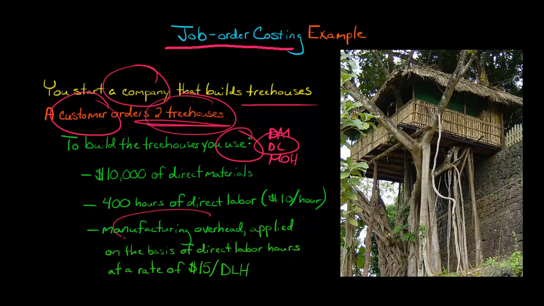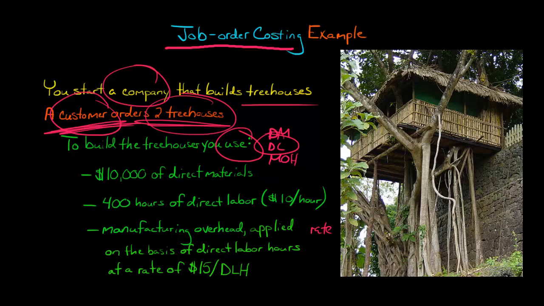And then manufacturing overhead. The overwhelming majority of companies are going to come up with an estimated rate. Okay, they're going to come up with this manufacturing overhead rate, and they're going to apply manufacturing overhead to the job. They're not going to charge the actual manufacturing overhead to the job, because when the customer comes around and says, yeah, I would like these 2 tree houses, you don't know what the manufacturing overhead is going to be yet.